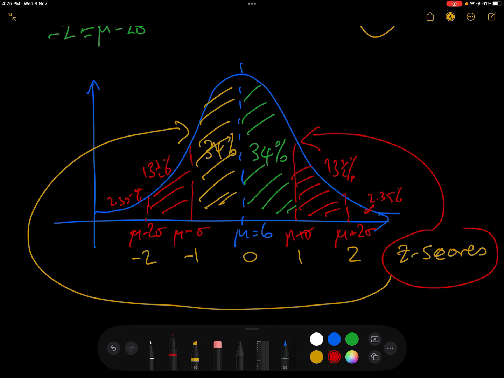And then we're left with a tiny, tiny fraction who have a z-score of either more than plus 3 or less than minus 3. Only 0.3% of the entire population will have a z-score of more than 3 or less than minus 3, which, if your population is 1,000, will only be 30 of the participants.